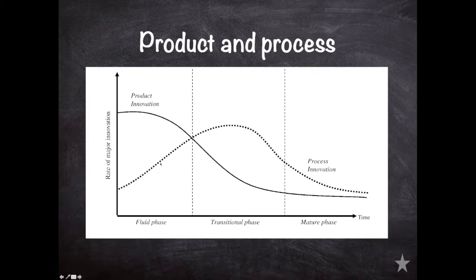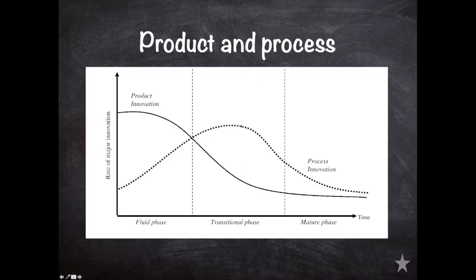So then the rate of major innovations when it comes to process innovation, the process of producing this product, increases. And it reaches its peak in the transitional phase when we are really sure what the product will look like, but we're still doing smaller adjustments.